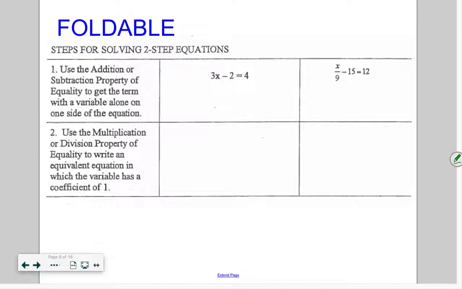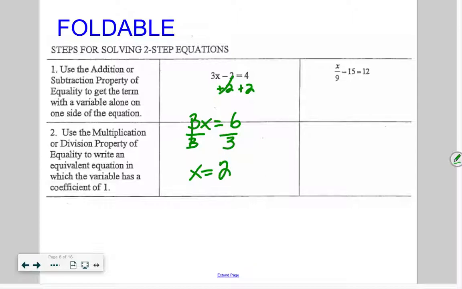So what is the opposite of subtracting 2? Adding 2. So we are going to have 3x equals 6 when we do that. Once you undo addition or subtraction, it should just leave you one step then, right? So what are you going to do to get x on a side by itself now? Divide by 3. X is going to equal 2.